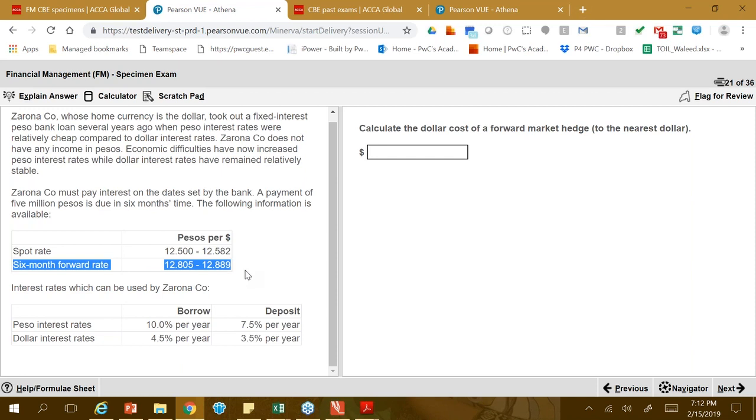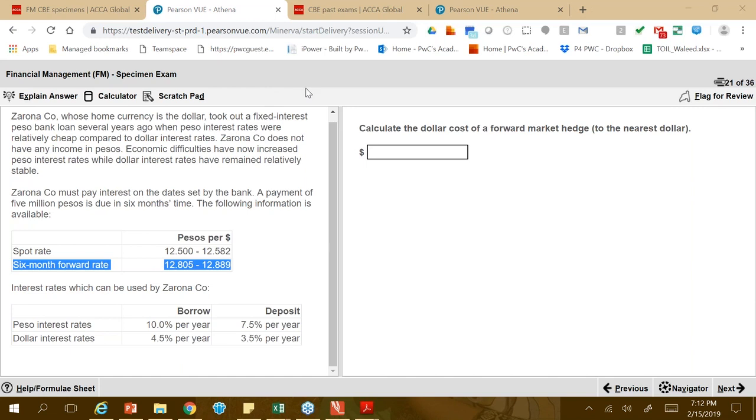Can I ask you, if I have to convert the 5 million pesos into dollars, which of these two rates am I going to use? Do I use the left hand rate or the right hand rate here? Would we use the 12.805 or the 12.889?